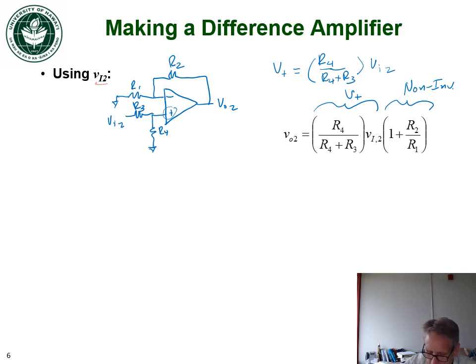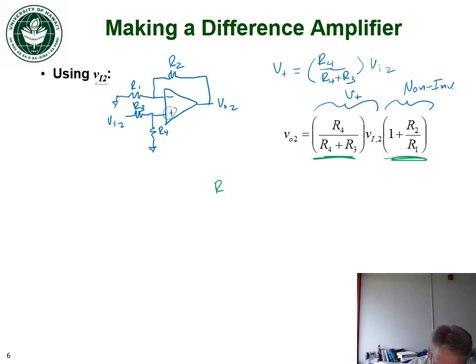So to truly make a difference amplifier, what we'd like is that the gain here, R4 over R4 plus R3 times 1 plus R2 over R1, be equal to R2 over R1 from the inverting case.